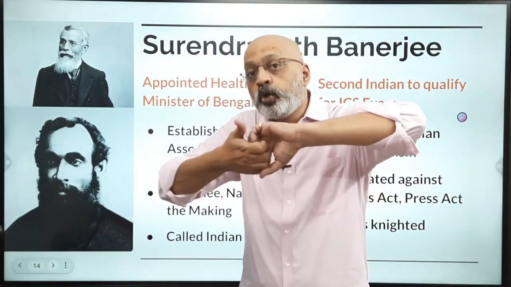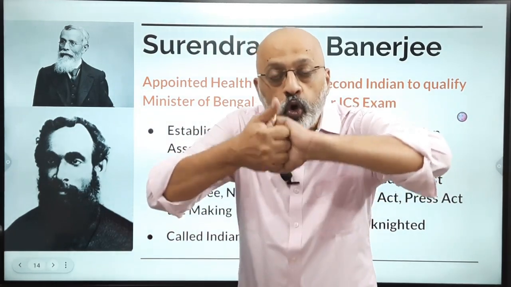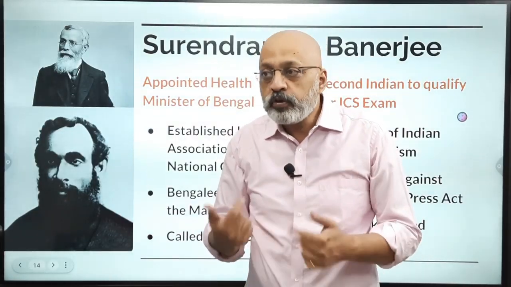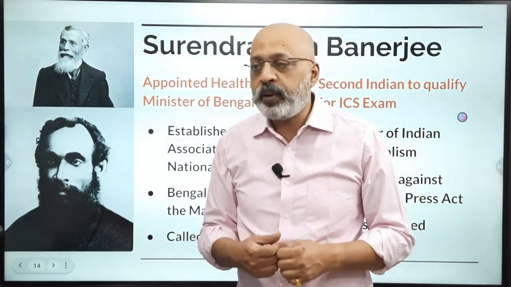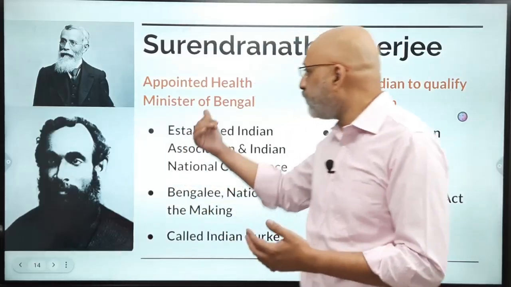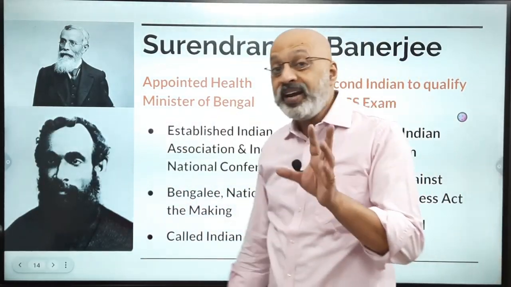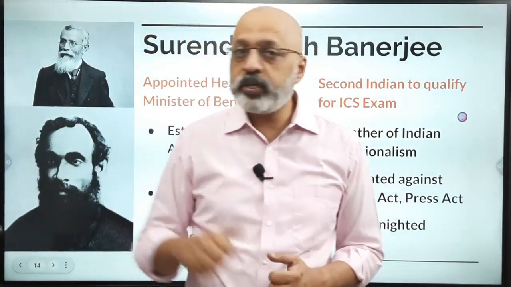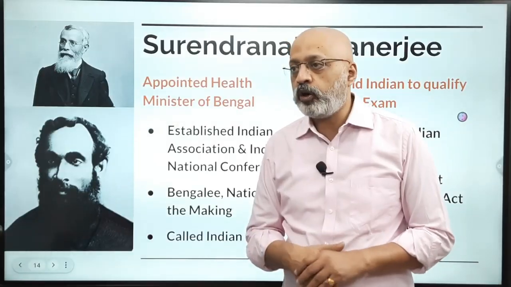So he kept the door open. He was open to cooperating with the British wherever possible, and he was knighted for his support to the British Empire. Knighted means being called sir. His acceptance of this ministership in Bengal made him slightly unpopular. He was the first Indian to hold the position of a minister in the government of Bengal.